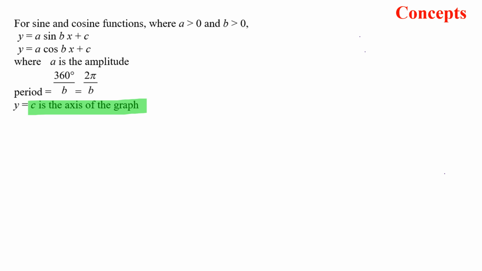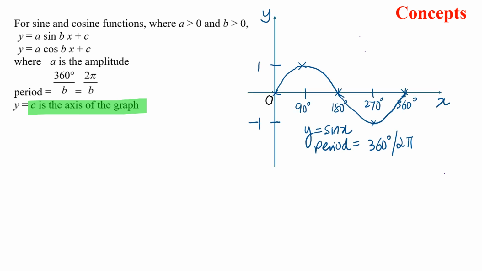All right, let's look at the sine curve. That's how your sine curve looks like. This is the basic shape for y equals sine x. So you need to know the maximum y is 1, minimum is -1, and all the corresponding angles for each quadrant. So that's one cycle for y equals sine x.